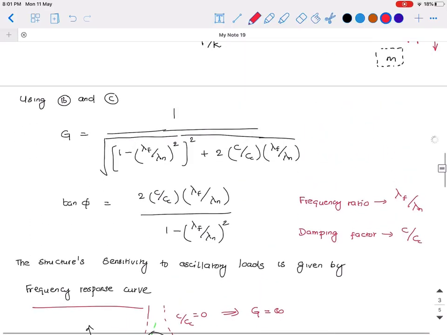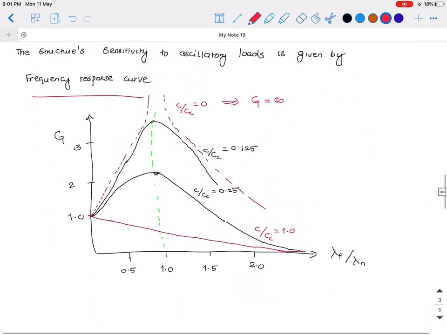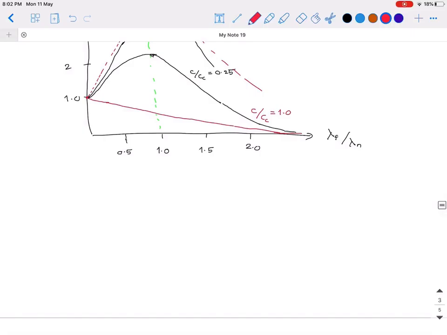You can see from this equation, when lambda f by lambda n is 1 and C by Cc is 0, this quantity is 0, so G tends to infinity. Okay, so what does this mean? You know this already. This is what we call resonance.